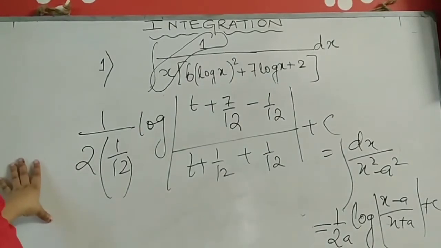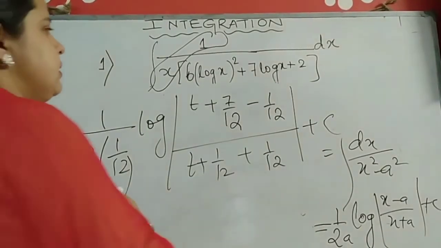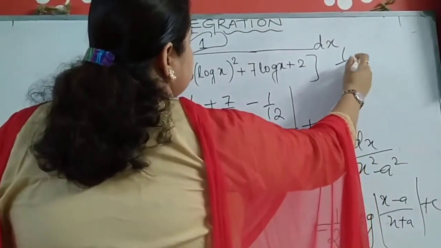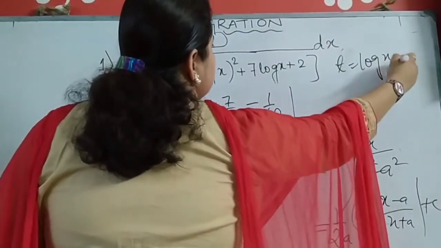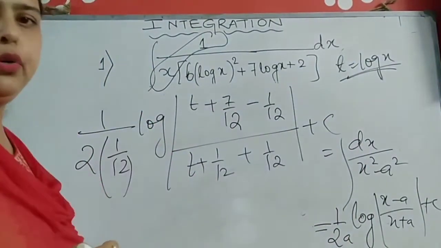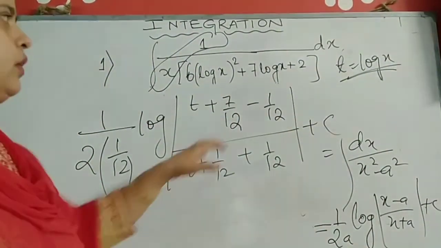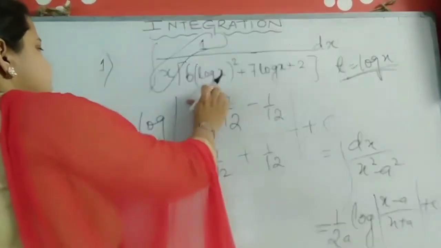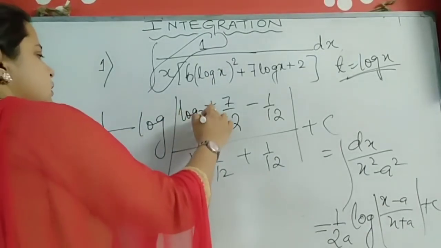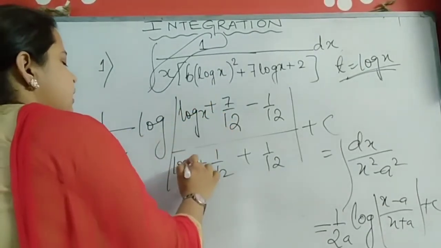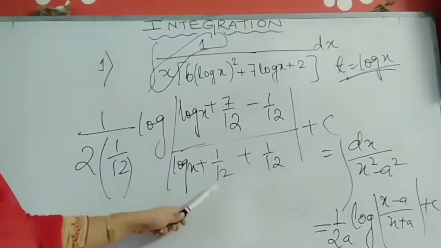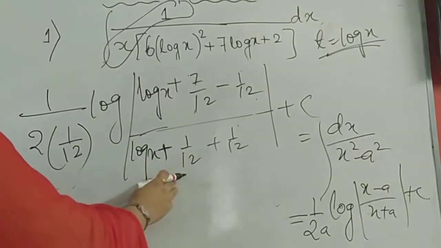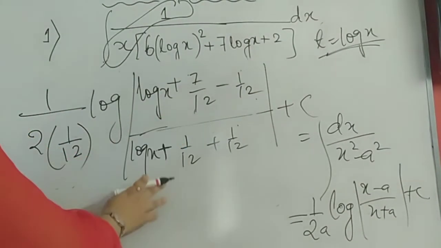So, the last but not the least part, that is the substitution. The substitution was t considered as log x. Now what do I have to do? I will be putting log x in the place of t. Okay. Now after putting log x, let us calculate this one.